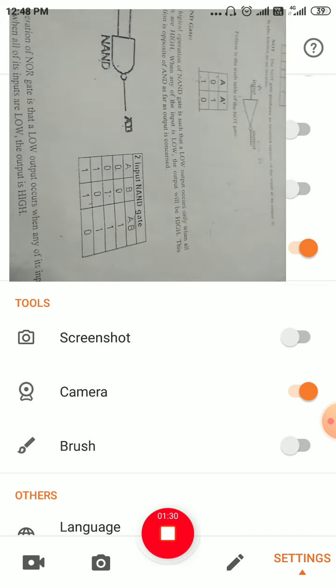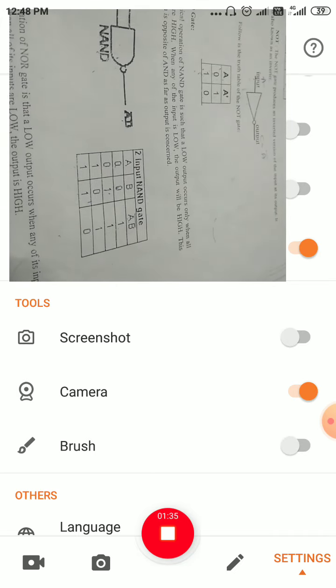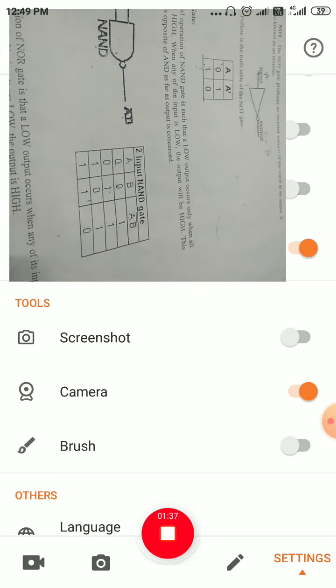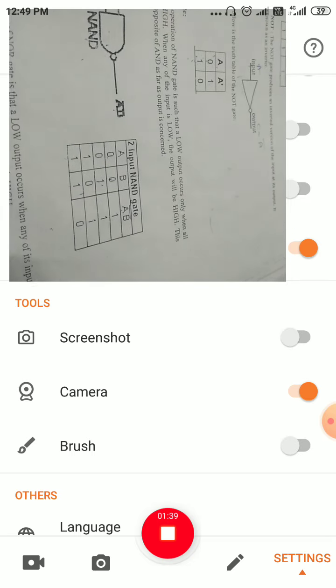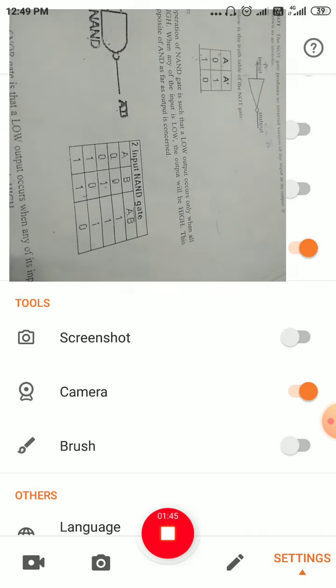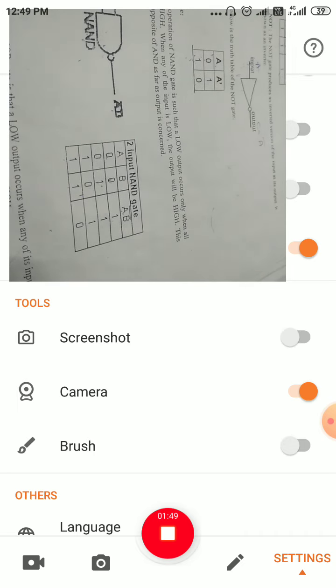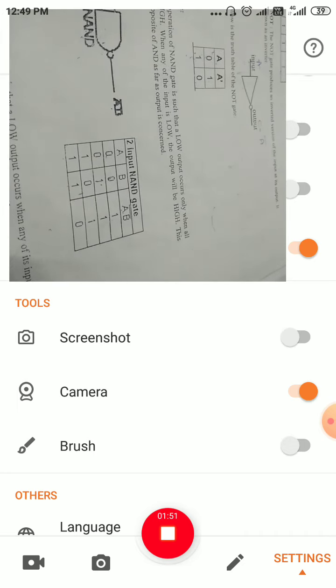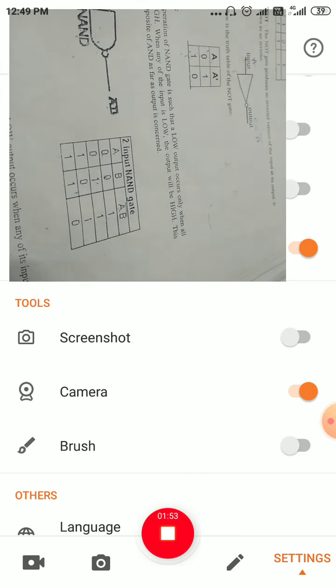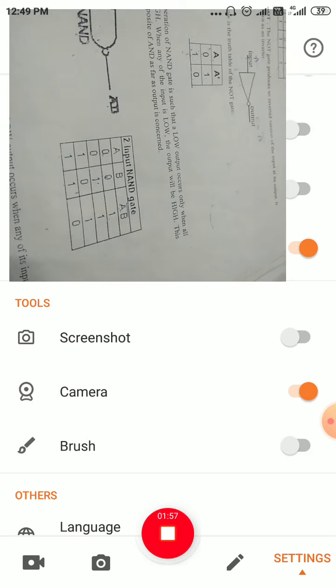The truth table: when both inputs are low, the output is high. In the AND gate, both inputs low means low, but here it is the complement of AB. Complement means the complement of 0 is 1. If one input is low and another input is high, 0 1, then the output is also high. The multiplication of 0 into 1 is 0, but the complement of 0 is 1.